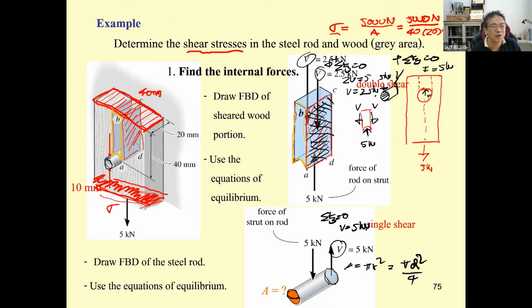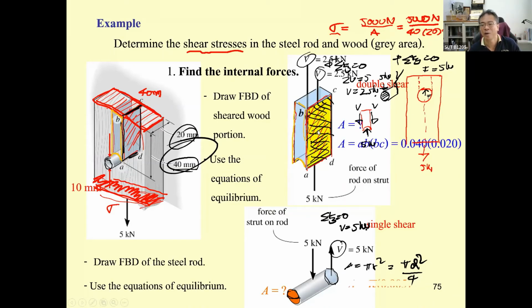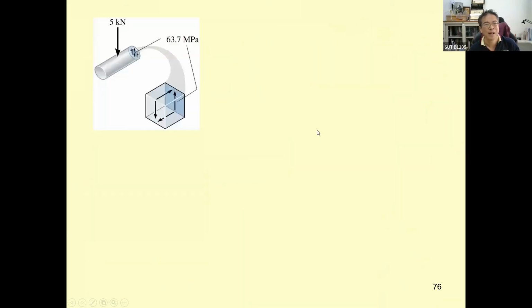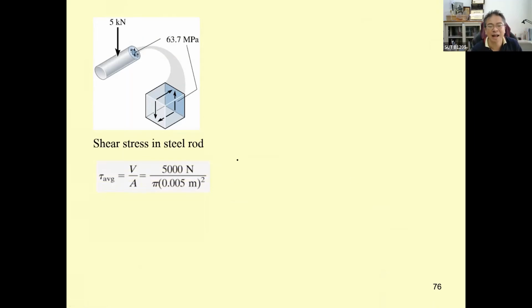That is going to be this one, 20 millimeter, and this one going to be 40 millimeter. So the area is going to be 800 square millimeter. Okay, this is going to be 800 square millimeter if you prefer. Now, for the lot, it's going to be pi r squared. It depends on you guys.